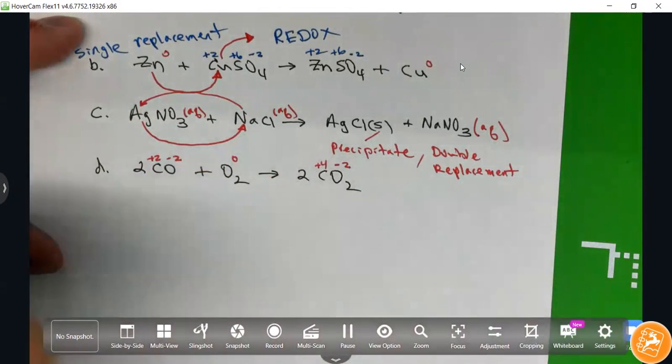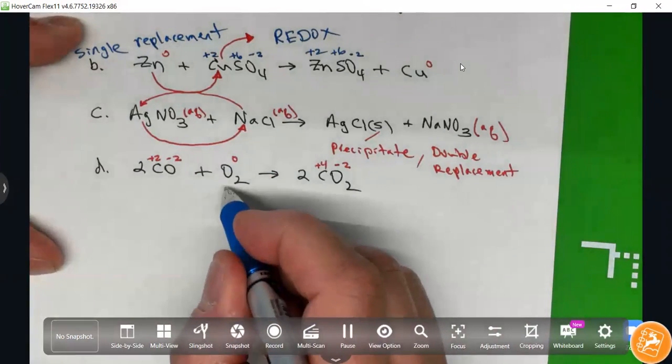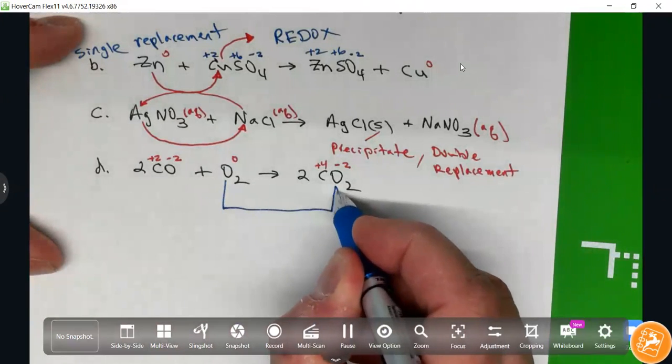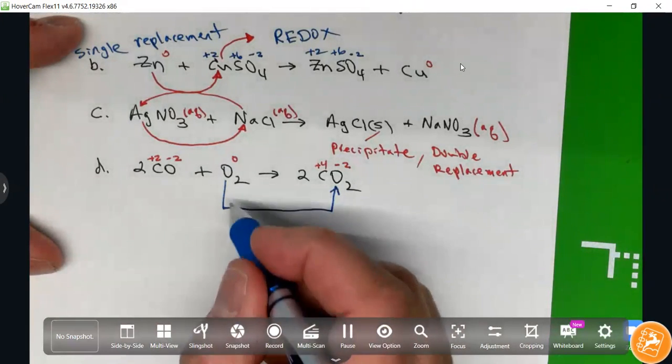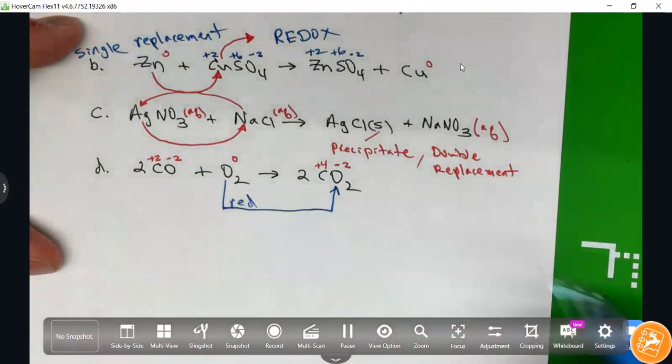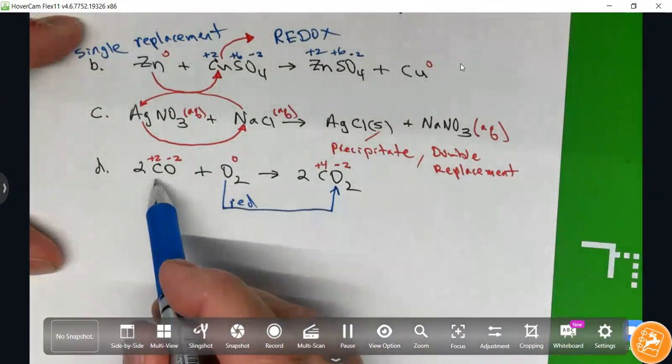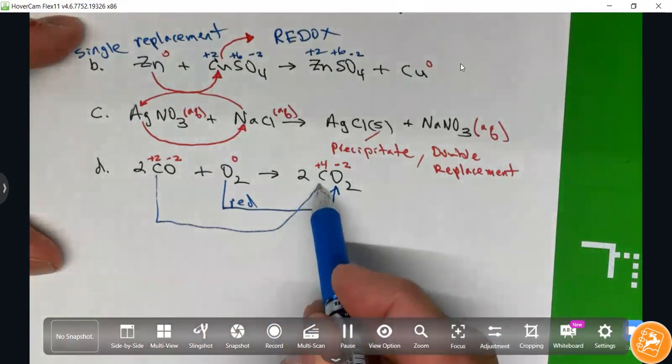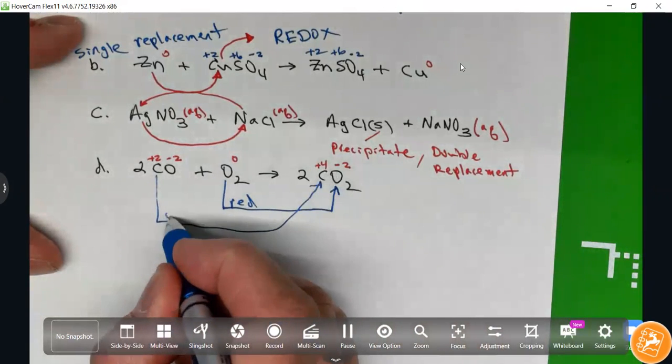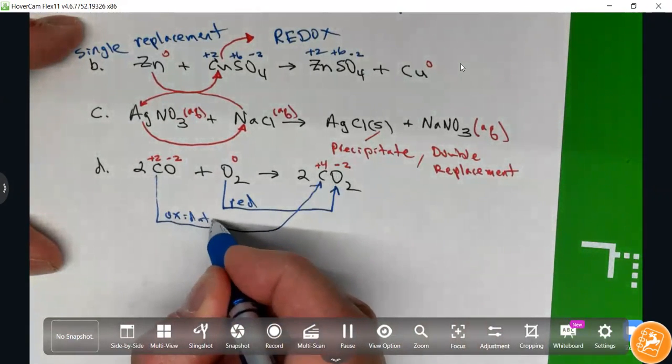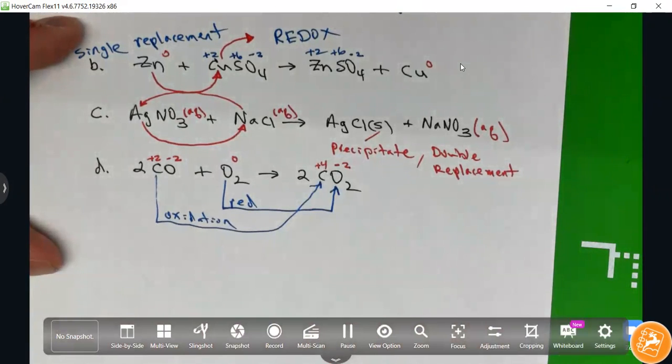So my reduction is oxygen going from 0 to -2. There's my reduction. And my oxidation, becoming more positive, is my carbon. Not too bad. Okay.